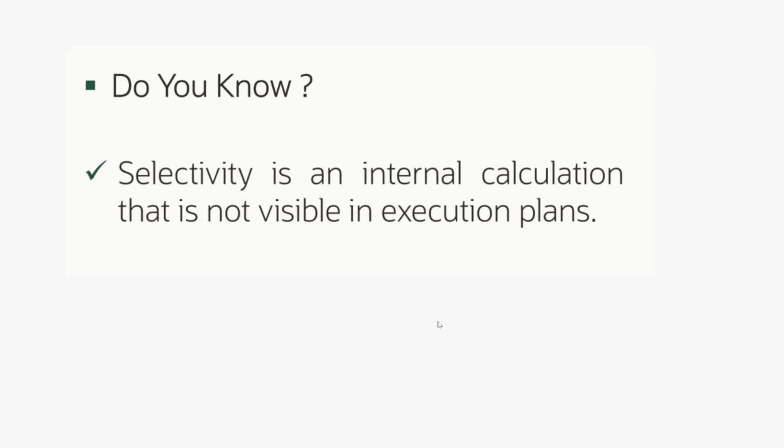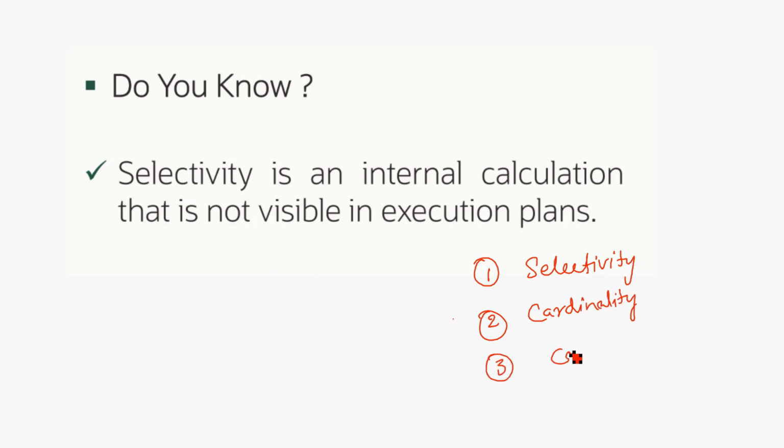So there is one quiz. What we call selectivity is an internal calculation that is not visible in execution plans. So always remember, selectivity, cardinality, and cost are the three hidden parameters on the basis of which the optimizer selects the best execution plan. Number one is selectivity, number two is cardinality, and number three is cost.